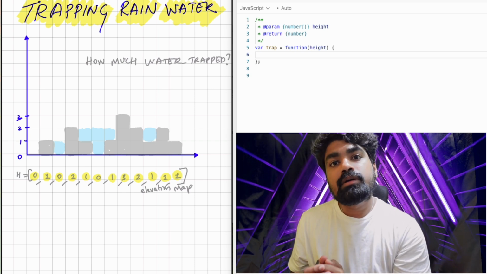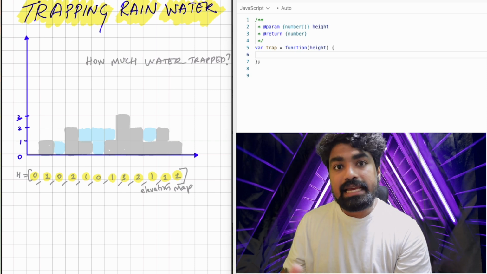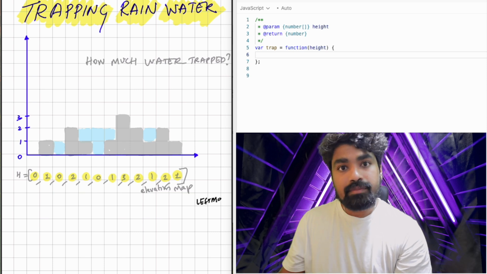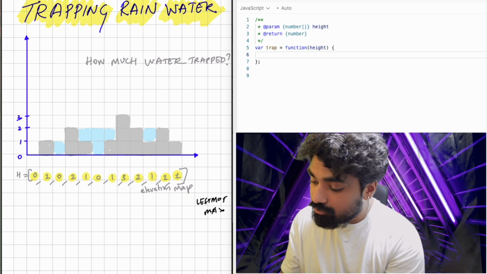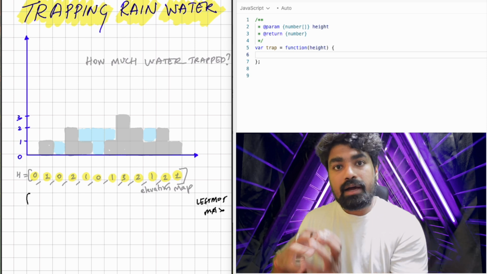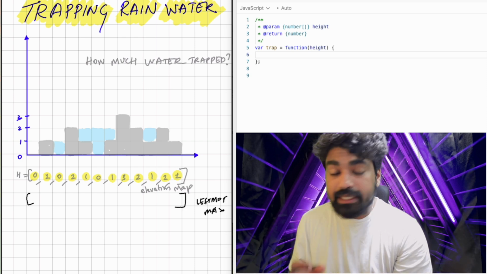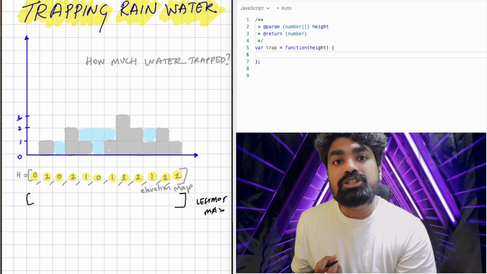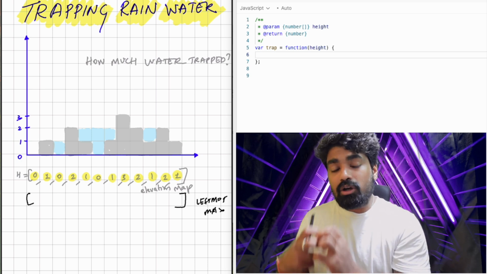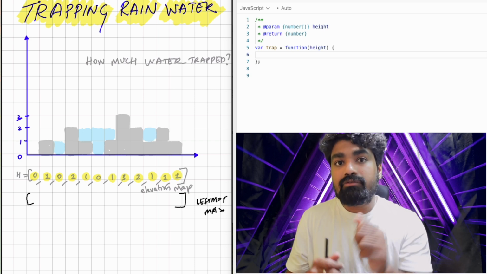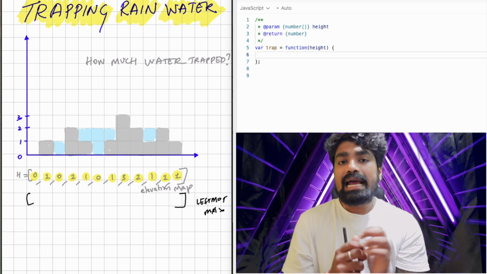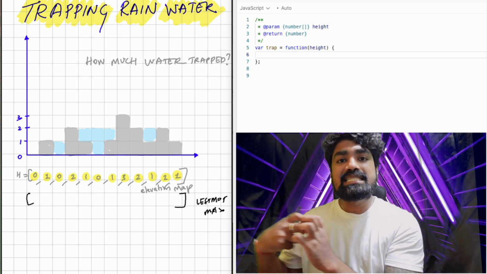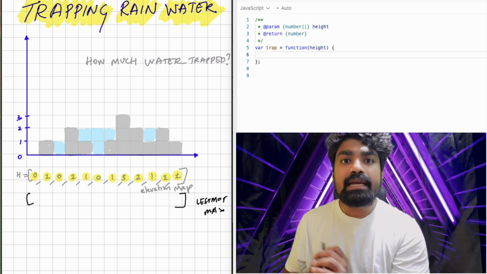Let's see how that will look in terms of implementation. So we will just use a leftmost max tracker that will be an array that will go from the left side to the right side. That's what we said. For the 0th index, we will just pick the value from the elevation map, because the logic we are using with dynamic programming is that we will use a base case, and from this base case we will keep on accumulating and try to get the maximum height possible at a specific index.